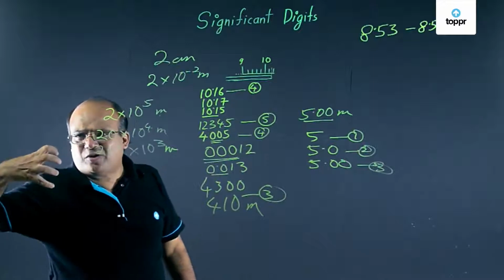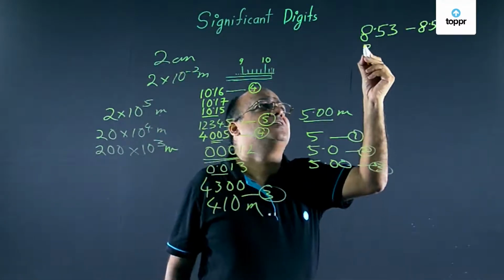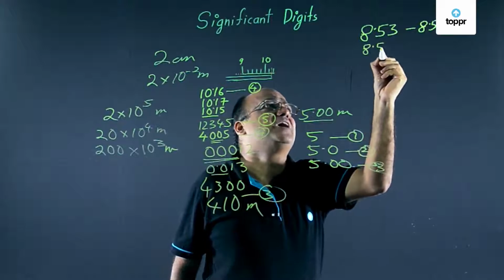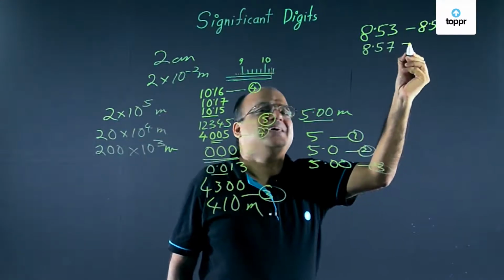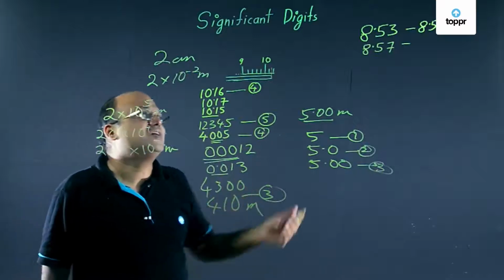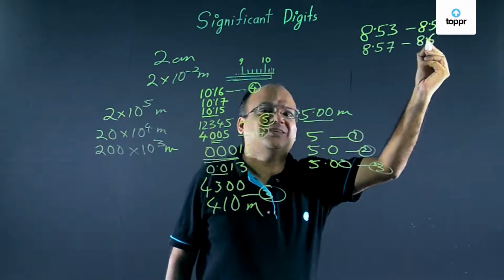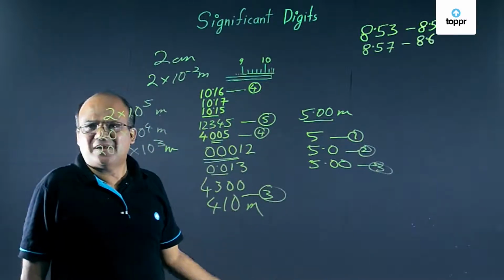If the digit to be dropped is more than 5, like 8.57, then the preceding digit is increased by 1. So 8.57 will become 8.6. Very, very simple.